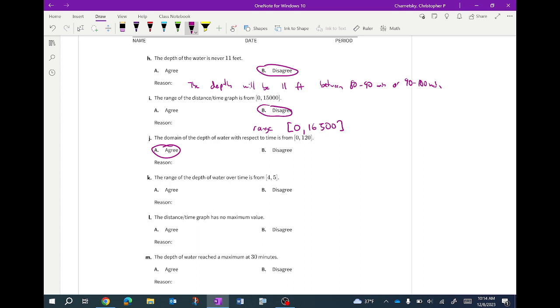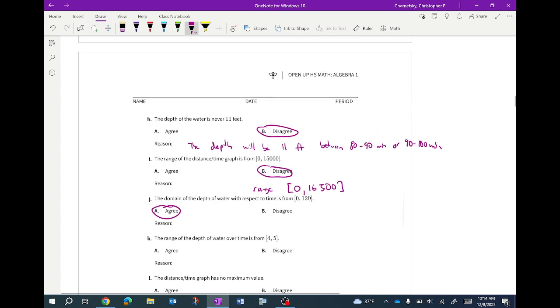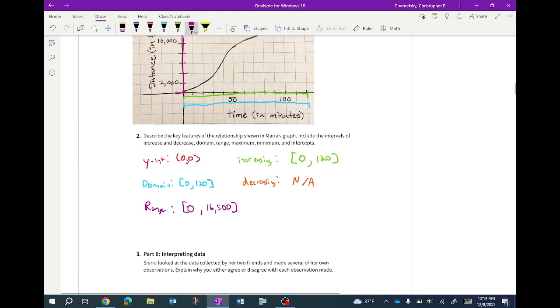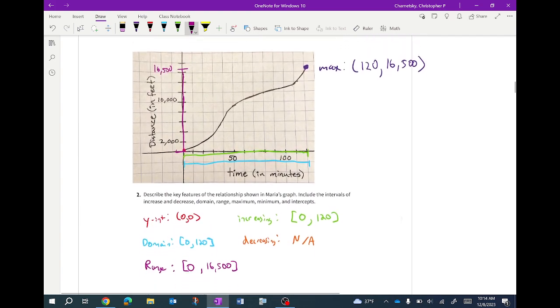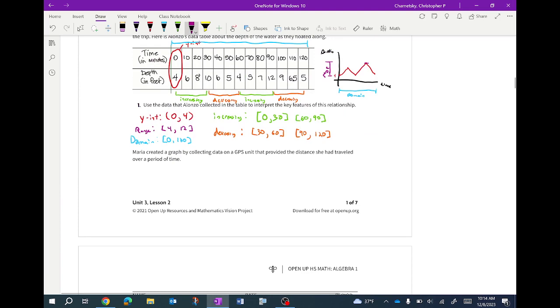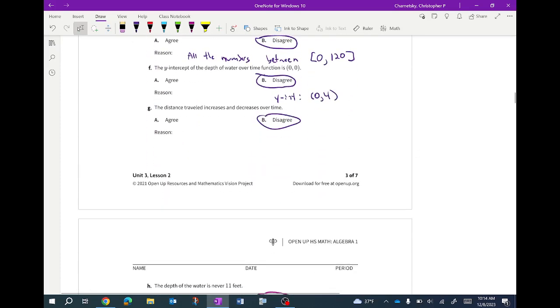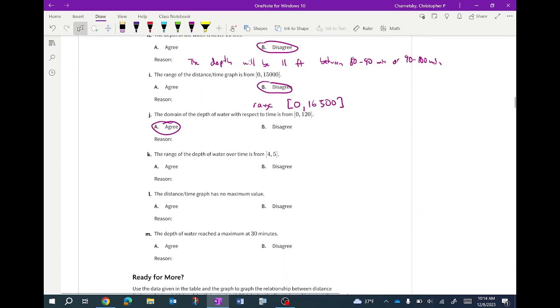The range of the depth of water over time is 4 to 5. Well, our depth of water, we said the range was from 4 to 12. We had a maximum of 12. So definitely not going to agree with that one.